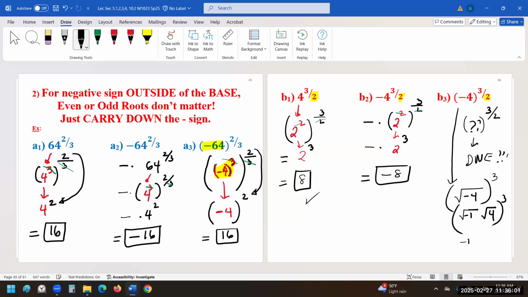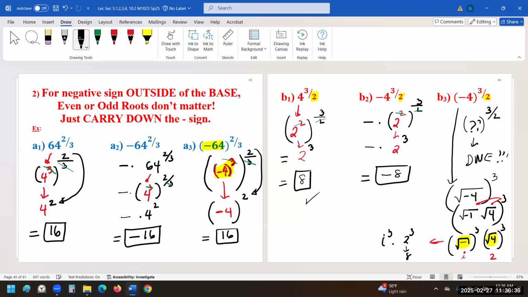That means we have square root of -1 cube and square root of 4 cube, because the power rule says distribute the power. Now the inside tells us that this is i. This inside tells us that we have 2 here. In other words, we have i cube and 2 cube.